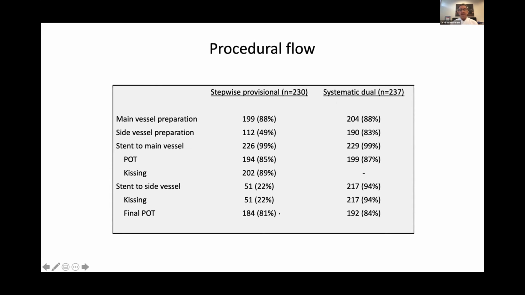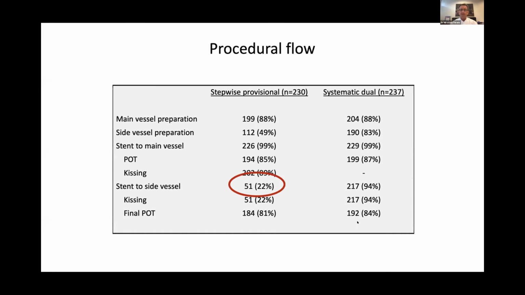And I was really surprised, because we recommend doing POT, we recommend doing kissing and final POT, etc. But you can see we have to be really critical. There was no 100% compliance in the complete study population, so I was personally really disappointed on this point.